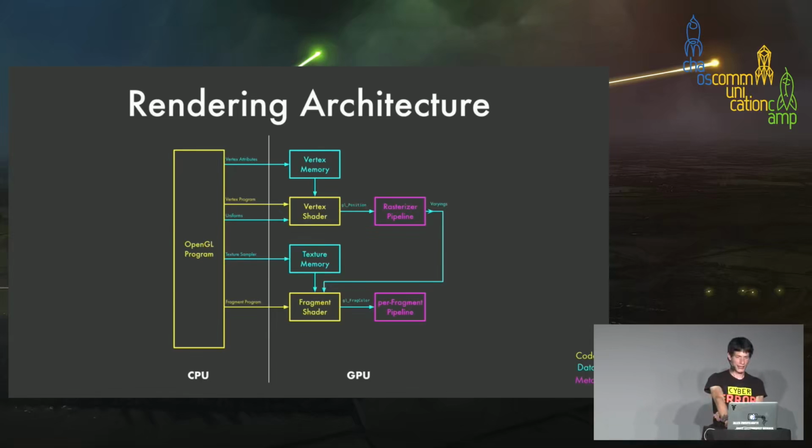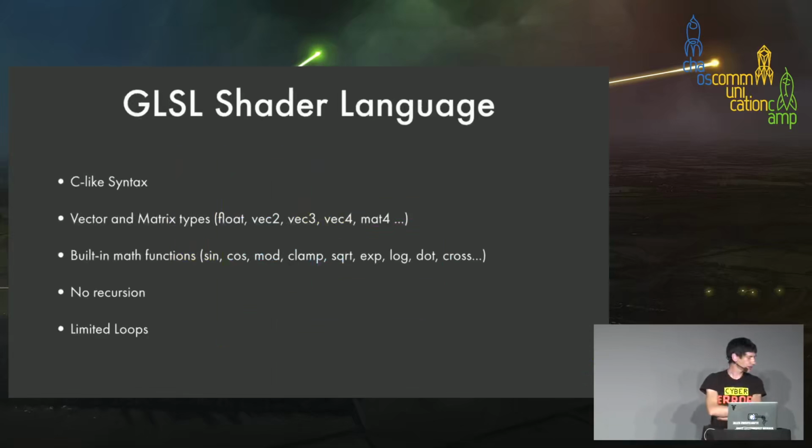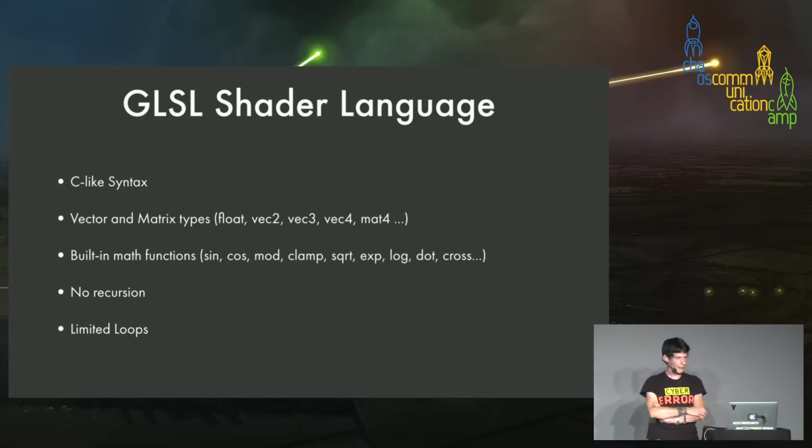So much for the architecture. Let's talk a bit about the shader language in which you write the vertex and fragment shader. It's a domain-specific language. C-like syntax, but it's manageable with only the very basic features of C. It comes with built-in vector types and matrix types.